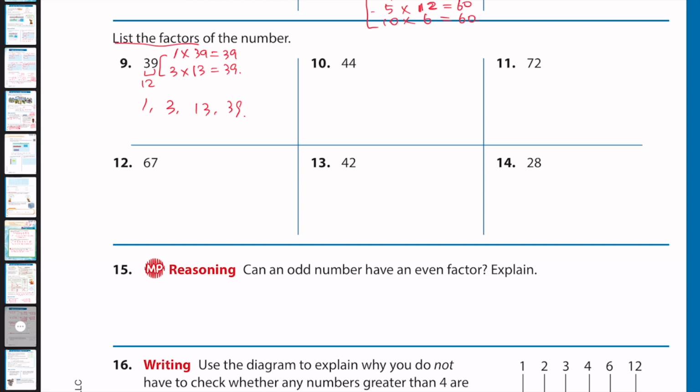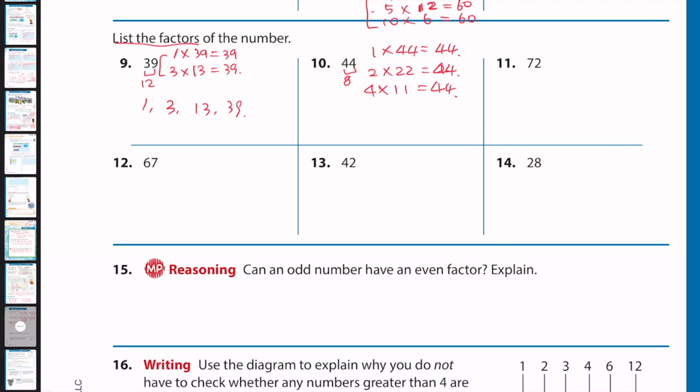All right, 44. 1 times 44 has to be up here first, and this is an even number, so it can be divided by 2. When you add the digits together, it's going to be 8, which means 3 can't be, but 4 yes, because 4 can fit into 44 by 11.